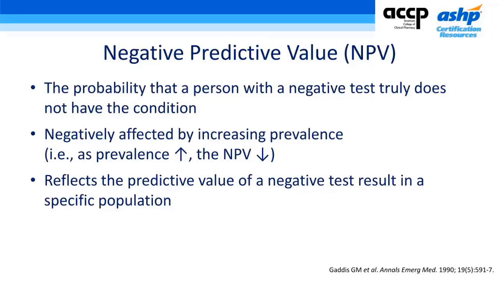The negative predictive value is the probability that a person with a negative test truly does not have the condition. So as prevalence increases, the negative predictive value decreases. So they are inversely proportional, or it is negatively affected by increasing prevalence. And so negative predictive value reflects the predictive value of a negative test result in a specific population.